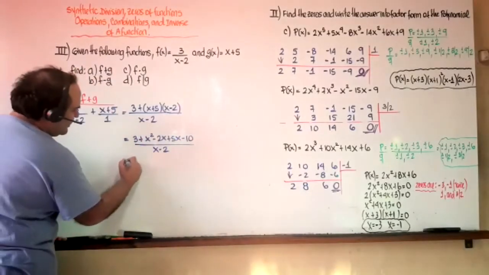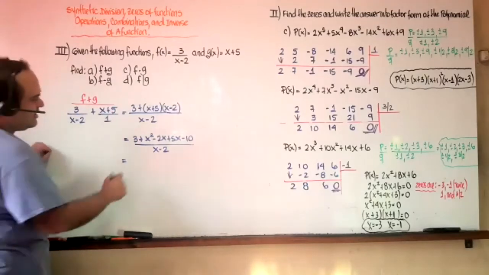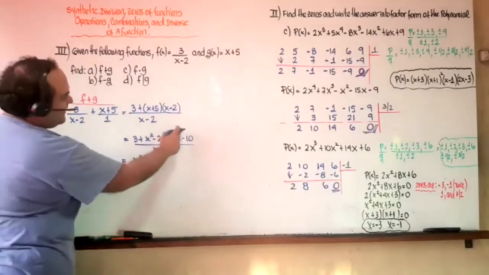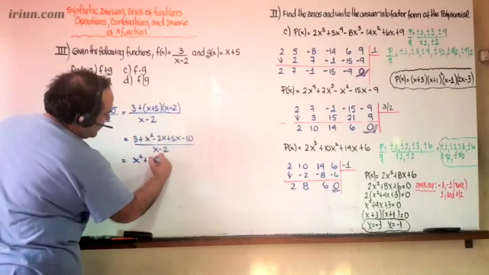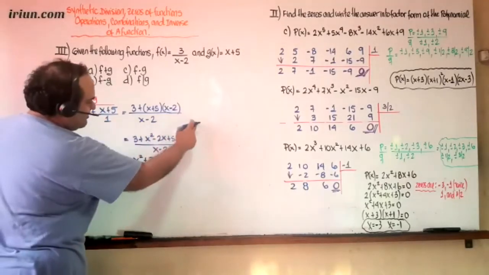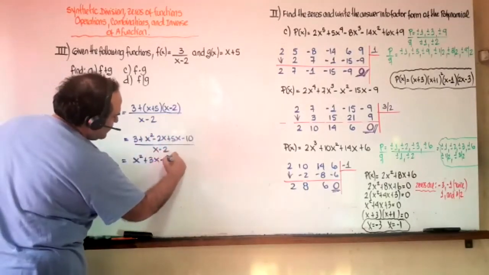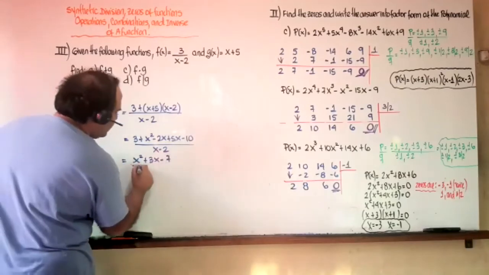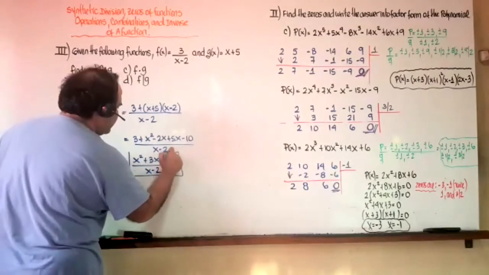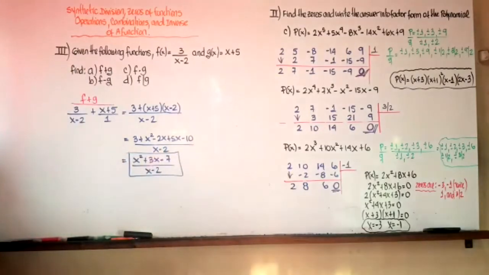And finally, the answer will be in canonical order: x squared, minus 2 plus 5 is positive 3x, okay? And 3 minus 10 will be negative 7, over x minus 2. And we got the first solution, the first operation, addition of two functions, f plus g, okay?